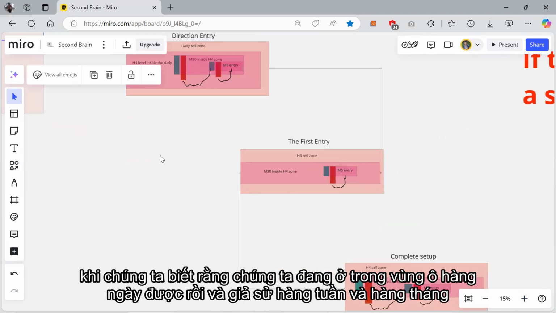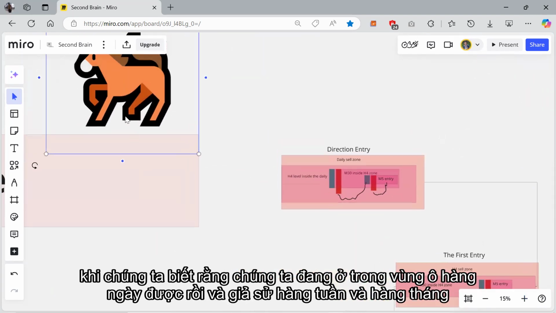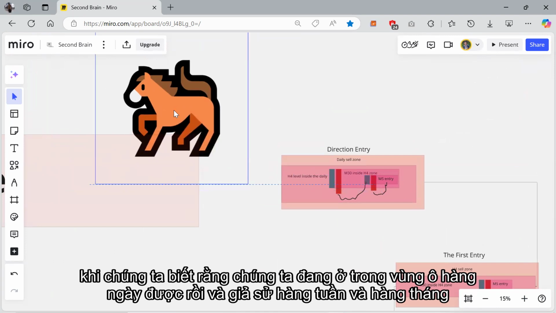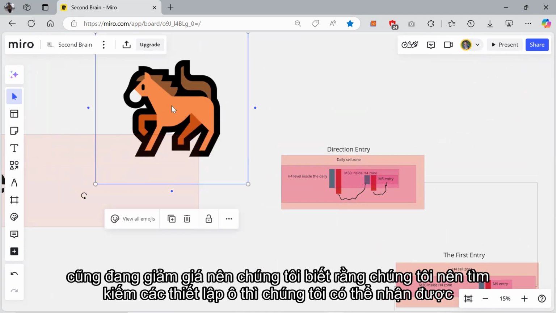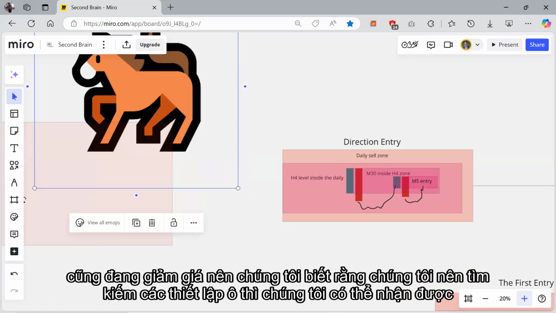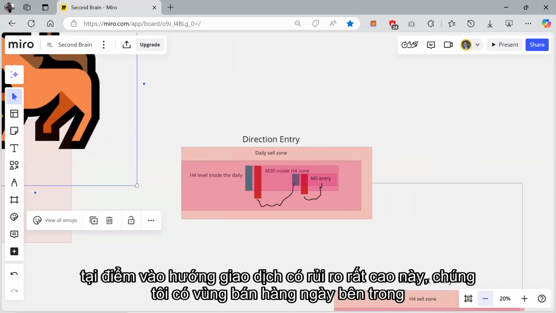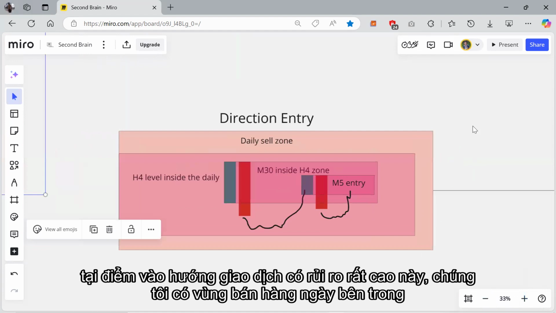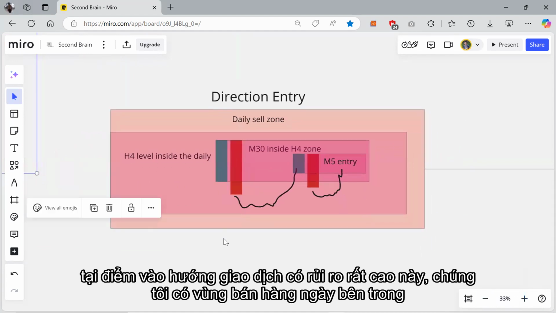When we know that we are on the daily sell zone, and let's say the weekly and the monthly are also bearish, so we know that we should be looking for sell setups. Then we can get this very high risk trade, the direct entry.